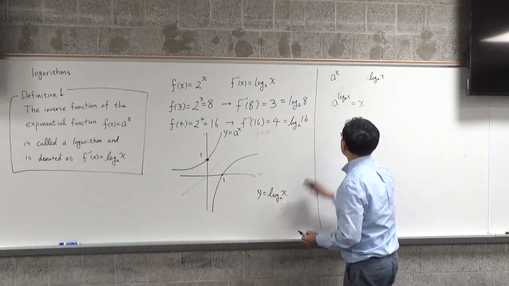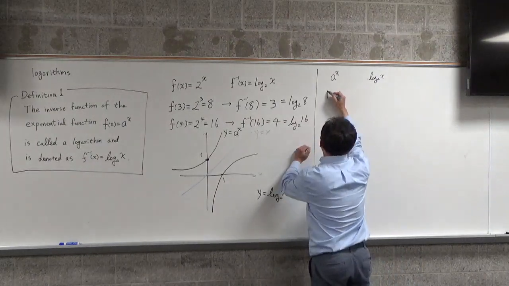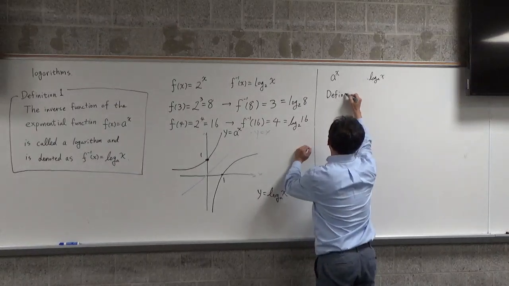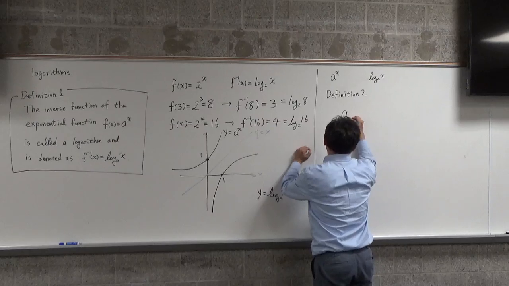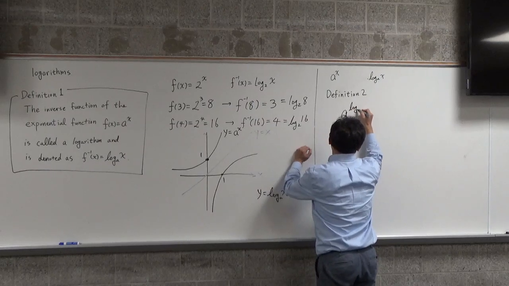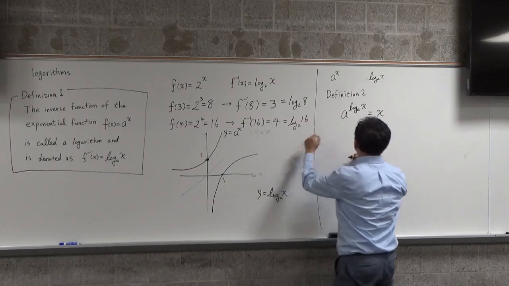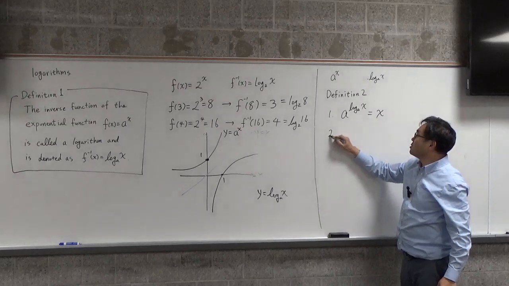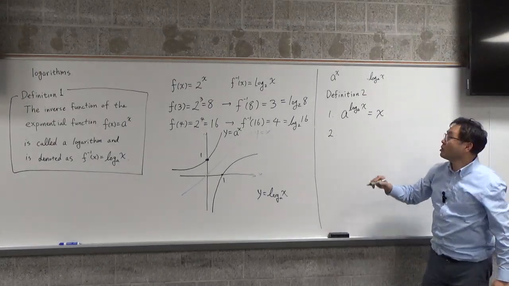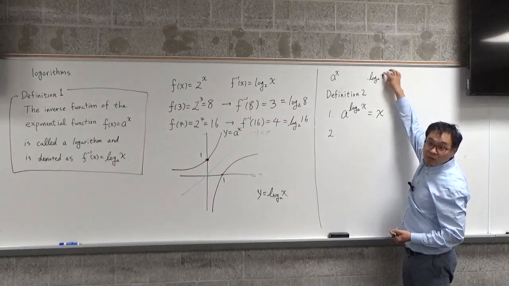Let me write this bigger, because this is going to be a very important definition. Okay, so I'm going to say definition 2. a to the log base a of x is x. So that's one rule. Number 2, you can do the other. You can take a to the x and plug it in here, replacing this x.